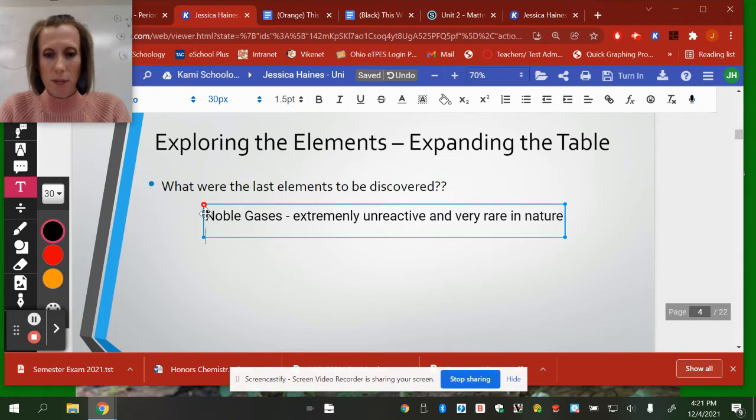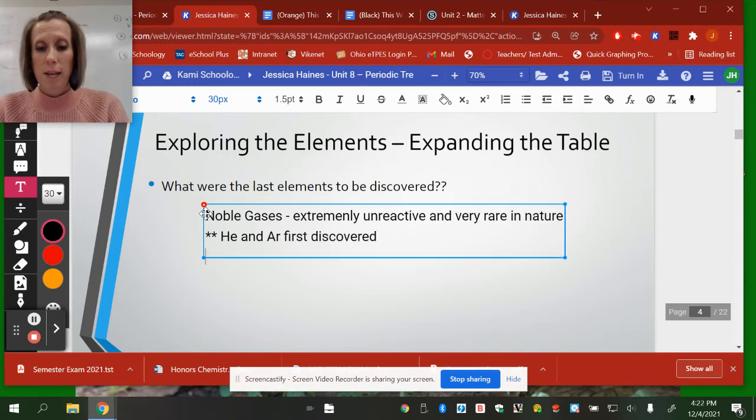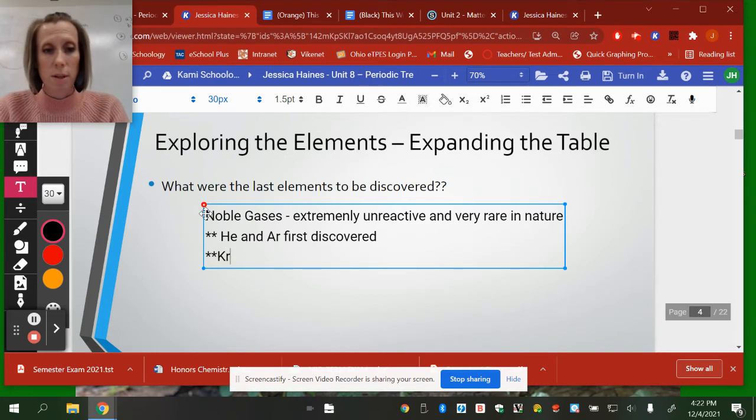So just to expand on that a little bit more, helium and argon were the first to be discovered of the noble gases, and then came krypton and xenon. I don't really know, to be honest, where neon fits in.